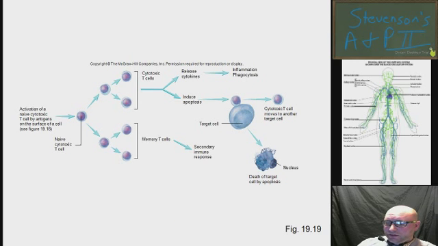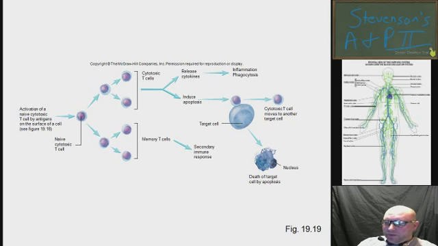Alright, so let's check it out. So activation of the naive cytotoxic T cells by antigens on the surface of the cell. You've got the naive cytotoxic T cell. Cytotoxic T cells then will split into two different pathways. It either is going to release cytokines and cause inflammation or phagocytosis, or you have the induction of apoptosis.